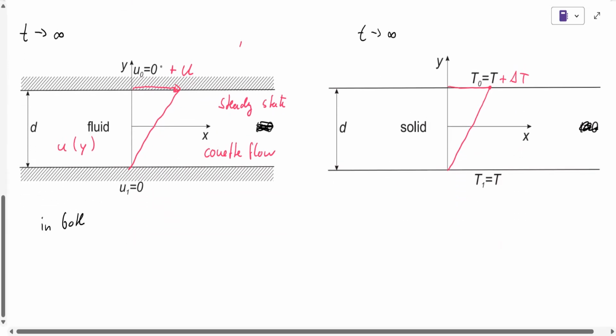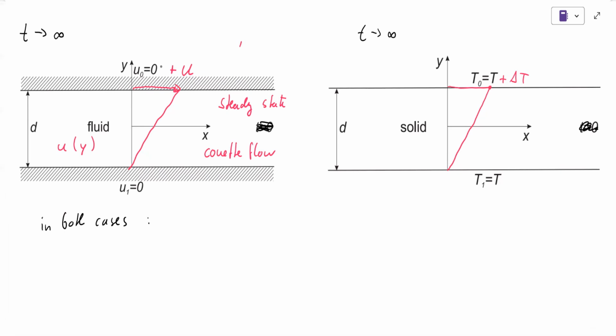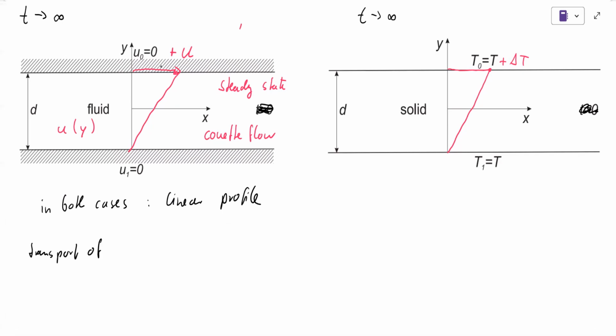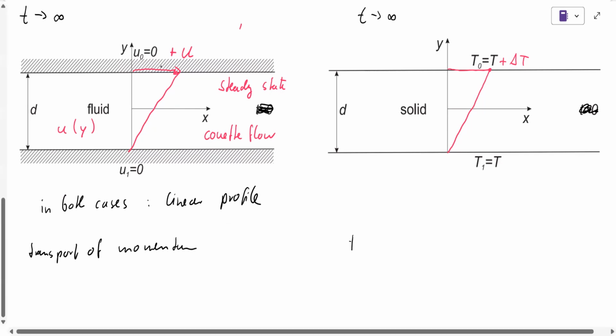So in both cases, linear profile. And on the left-hand side, we see the transport of momentum. On the right-hand side, the transport of heat.